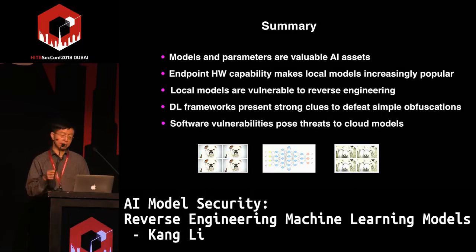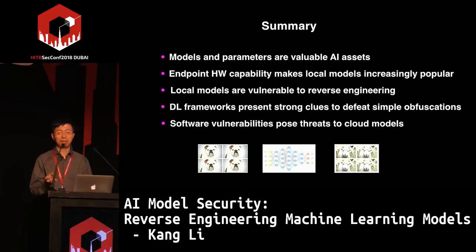Right now there's really a trend for lots of applications to use local AI models. This is driven by the hardware vendors, so it has become really popular. You should expect to see more applications using local models.